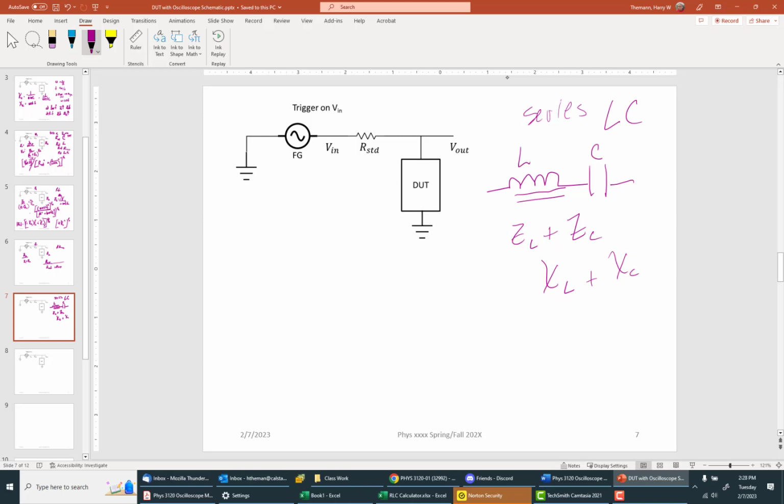But we have to remember that this is equal to 2 pi FL, and this is equal to minus 1 over 2 pi FC. So ZLC equals 2 pi FL minus 1 over 2 pi FC.